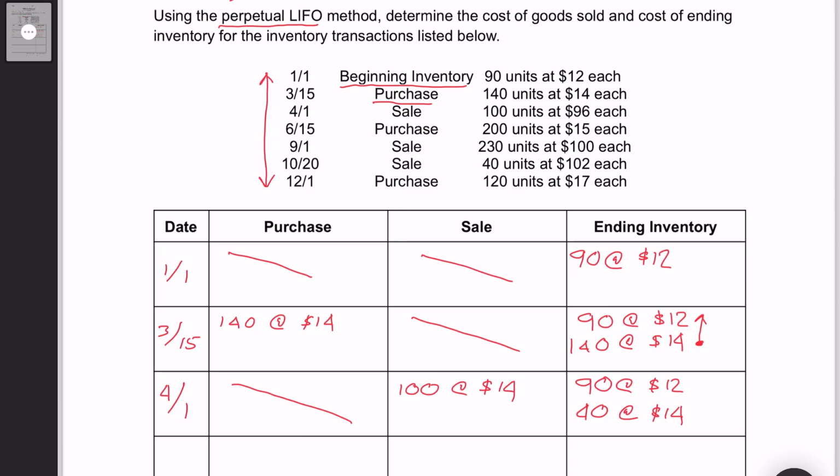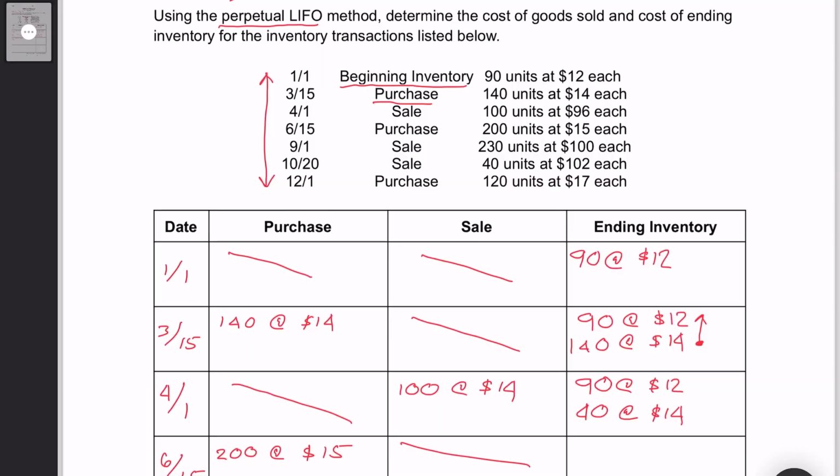Moving on to our next transaction that occurred on 6/15. This was another purchase. So we purchased 200 units at $15 each. There's no sale associated with it, so I'm going to put a slash through it.